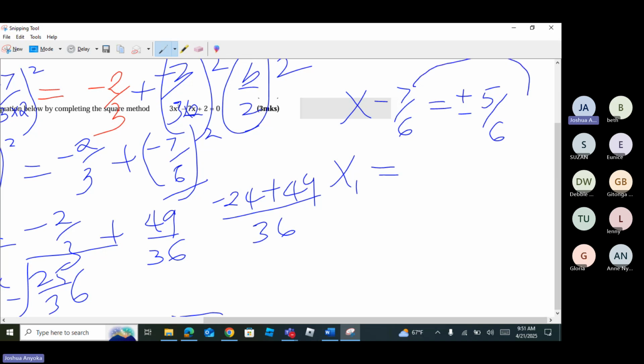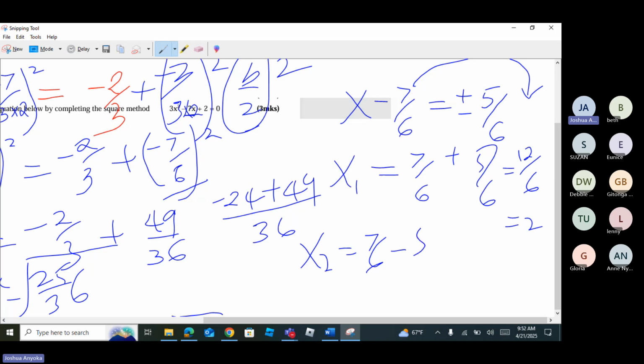So we take this one to this side. So x1 is equal to 7 over 6 plus 5 over 6, which gives us 12 over 6, which is 2. x2 is equal to 7 over 6 minus 5 over 6. This is 2 over 6, which is a third.